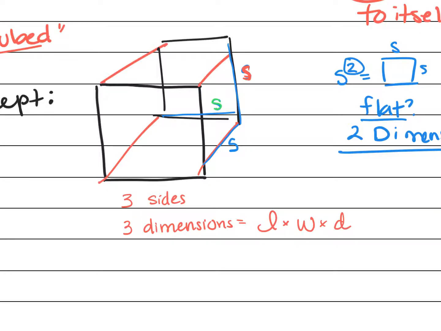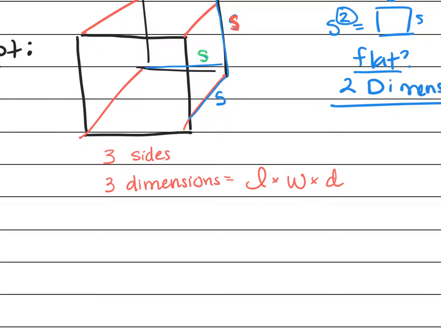It doesn't matter, they're all the same. So length, width, and height, or depth, gives you 3 dimensions. So my side times my side times my last side is side cubed. That's cubed. That means you multiplied the same number 3 times.